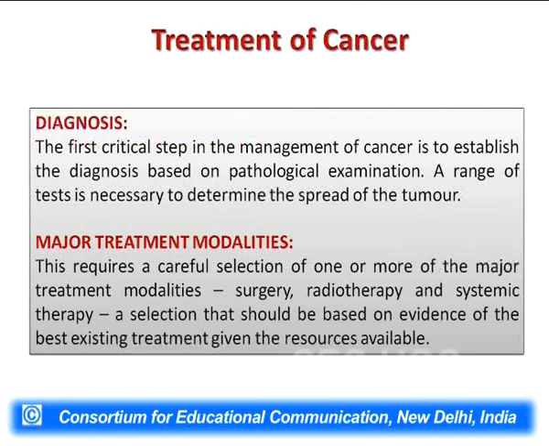Now, the treatment of cancer has been divided into two major steps. The first one is the diagnosis. The diagnosis step is a critical step in which it is determined whether the patient is suffering from cancer or not.